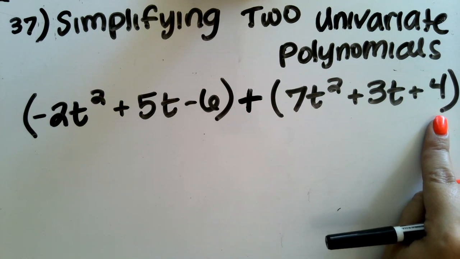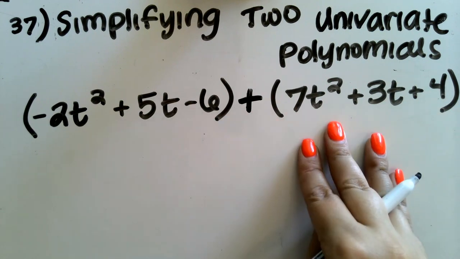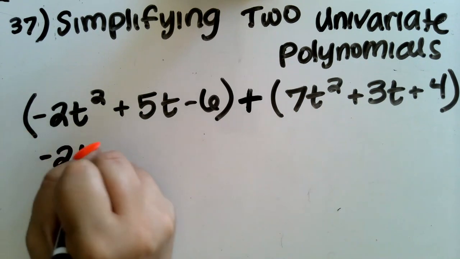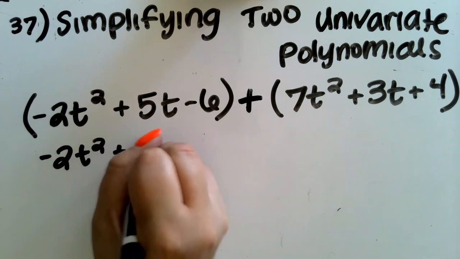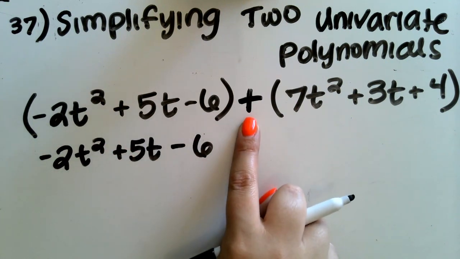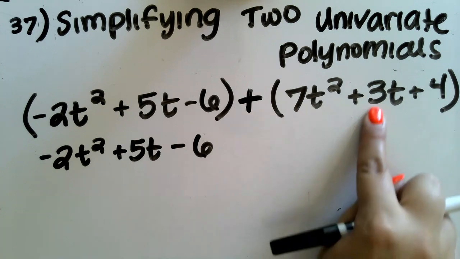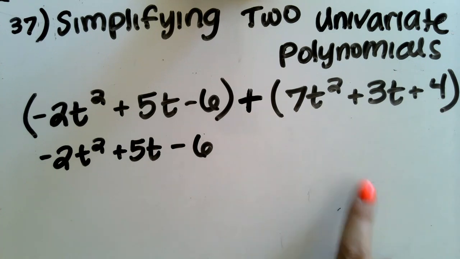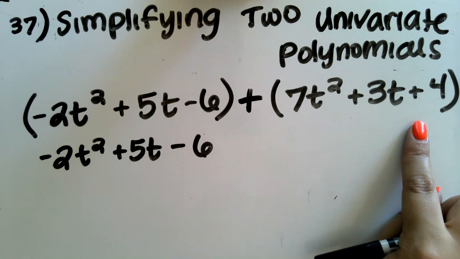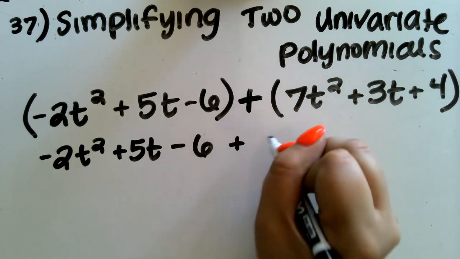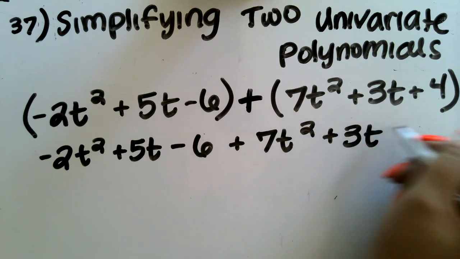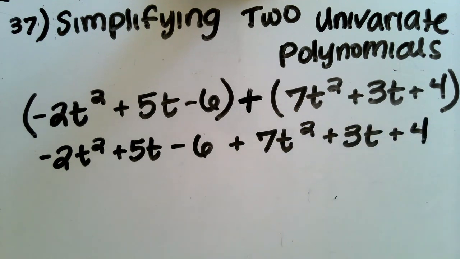So I'm going to go ahead and rewrite each of these sets without any parentheses: negative 2t squared plus 5t minus 6, and now remember, this addition gets almost distributed to each of the terms inside, and luckily, everything here is already positive, so we don't have to worry about changing any signs. Plus 7t squared plus 3t plus 4.